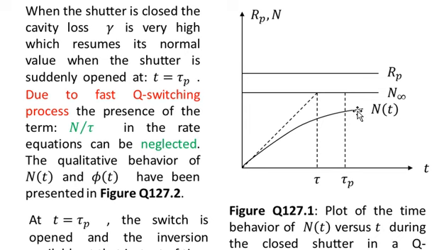But after that, since the population decay will also take place due to the lifetime of the upper laser level, the increase in the value of n will be at the cost of huge energy loss, because you are increasing the value of n as a function of time, but at the same time the population starts decreasing due to the upper laser level lifetime, which is limited by the time tau.